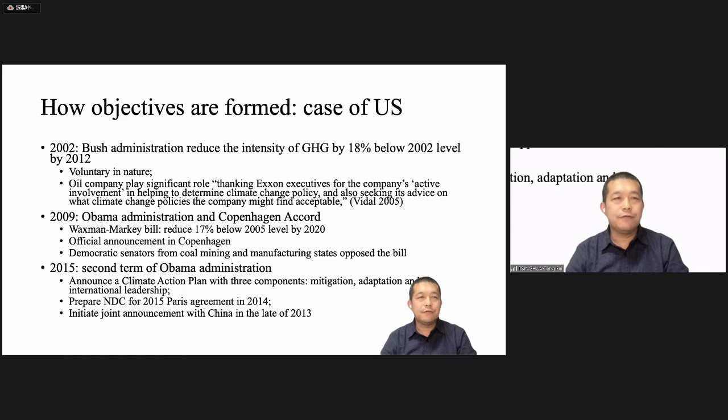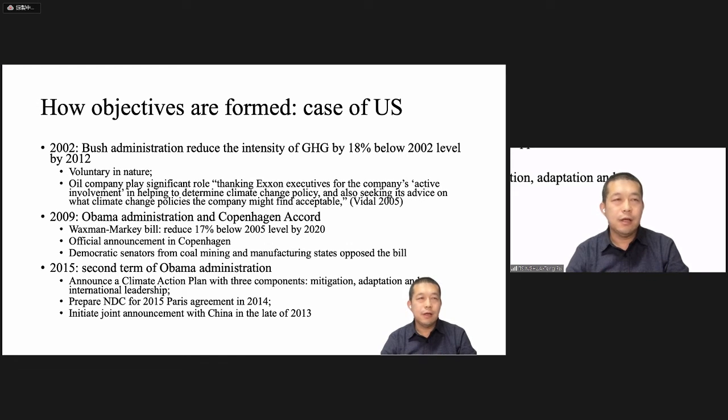So the United States formally started a domestic process to prepare its NDC in late 2013. And then it considered initiating a joint announcement with China, also in late 2013. That was an idea from the United States, to start joint announcements with China.